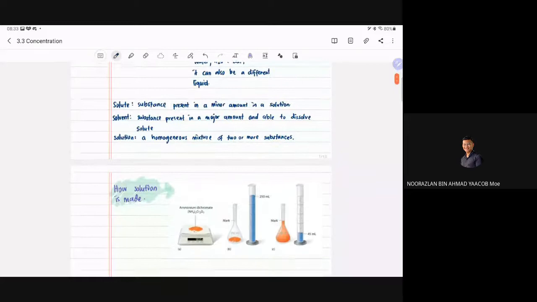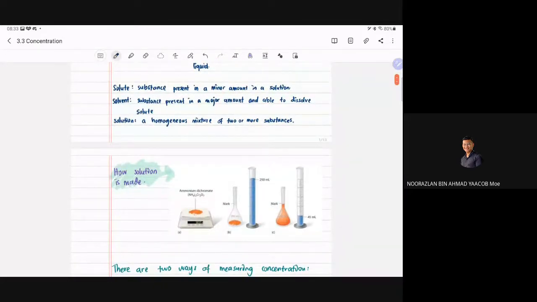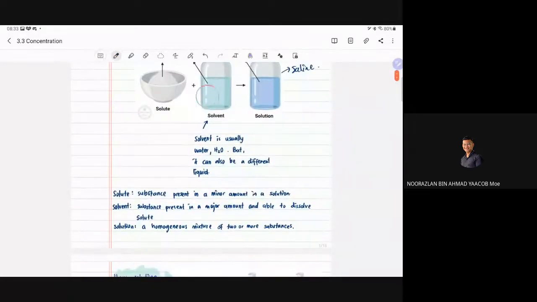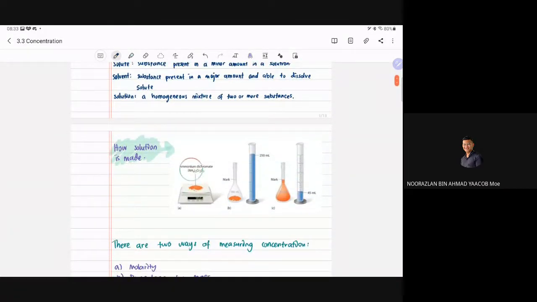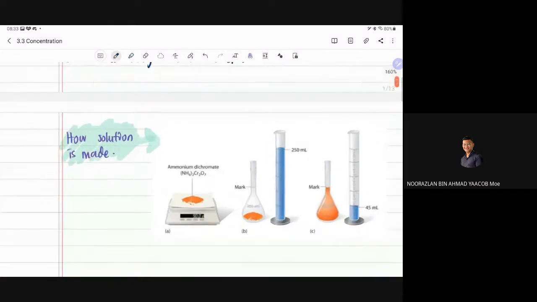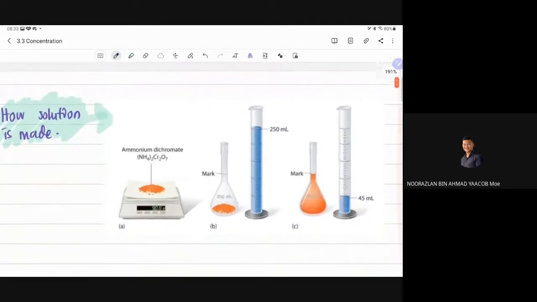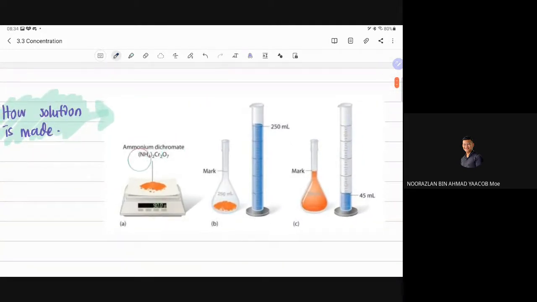So now, how do we make a solution? Okay. So it is like that, but in a more detailed step, let's say kita nak buat solution of ammonium dichromate. Okay. So here is a picture, ammonium dichromate. So this is the molecular formula, (NH4)2Cr2O7. So what we do is we weigh the solute, okay, atas penimbang, kita timbang dia, and then we put it into volumetric flask.